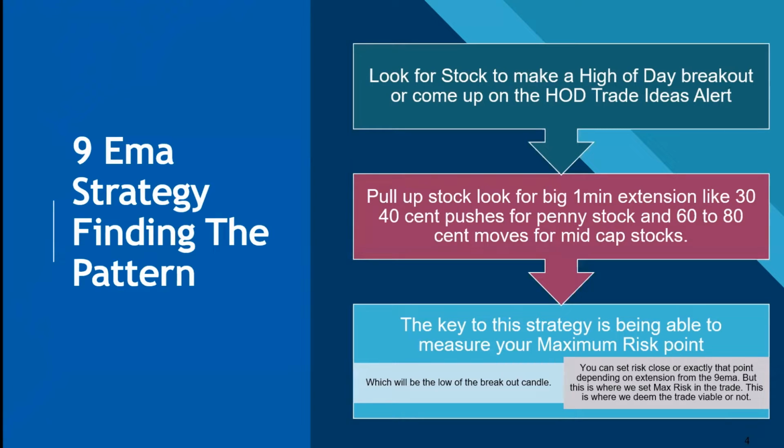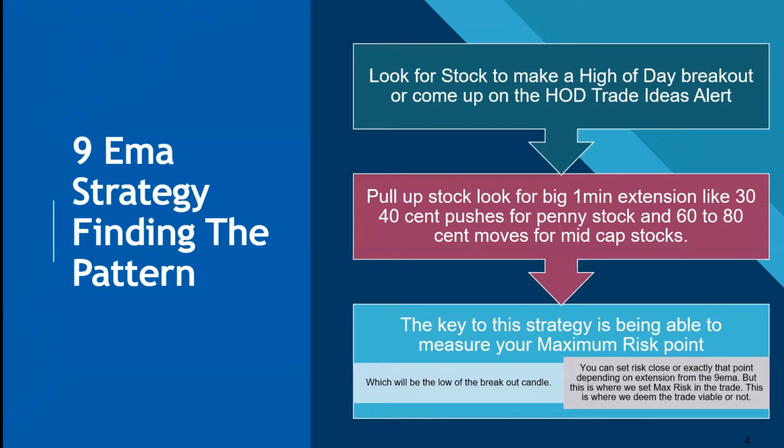So if you're not able to know where your maximum risk point is and you don't hold to it, then you're going to quickly go into the red and go red big. Not many of these kind of reverse completely to this point, but it can happen. And when it does, the bottom falls out and you have to be quick.